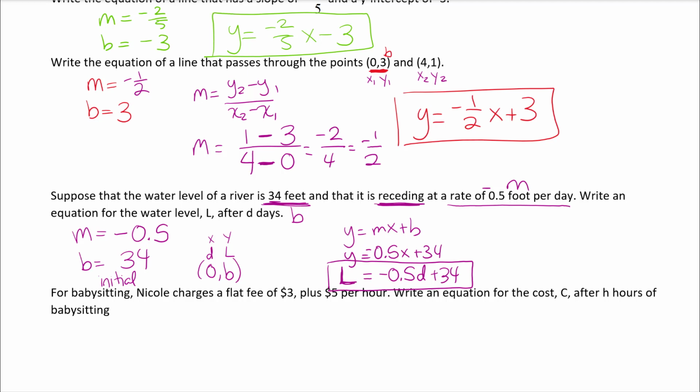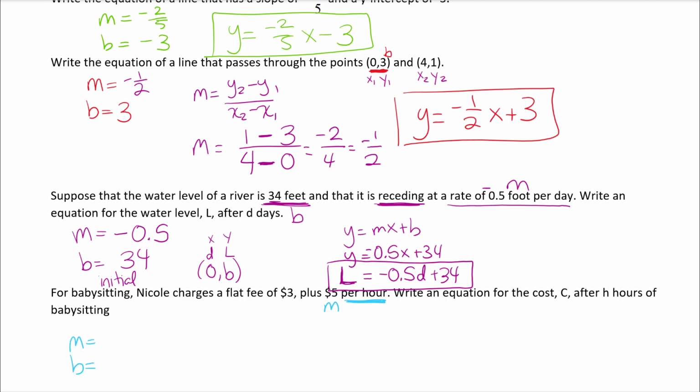The next problem, for babysitting, Nicole charges a flat fee of $3 plus $5 per hour. I'm looking for an M and I'm looking for a B. So M is the rate per hour. So that would be 5, because it says per hour, which is telling you that that's a rate. What is the initial cost?